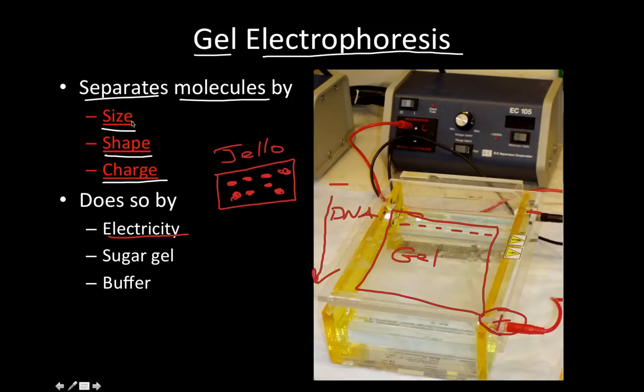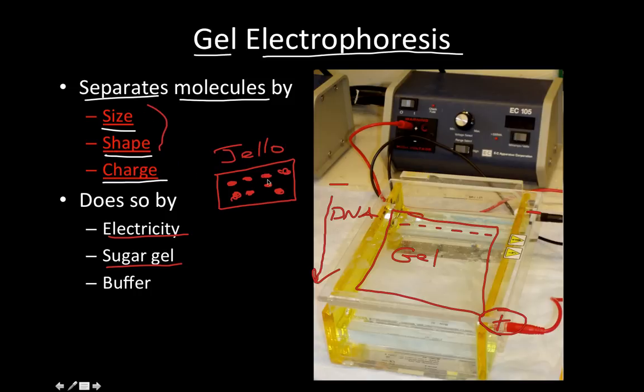So we said that we're separating by size and shape. Obviously, we have charge taken care of because we talked about that being electricity going through it. So negatively charged molecules will go to the positive end, positively charged molecules will go to the negative end. So our sugar gel is going to help separate the molecules by size and shape.